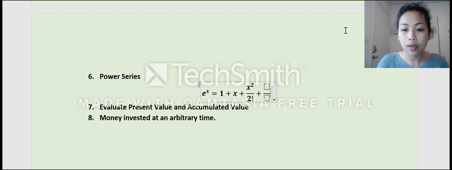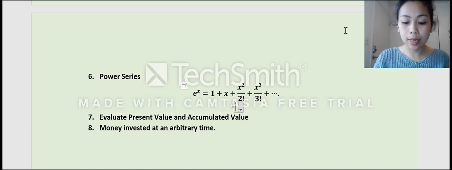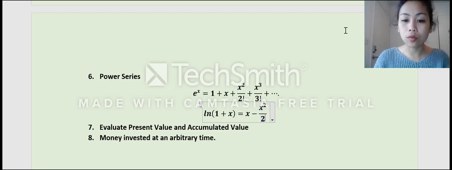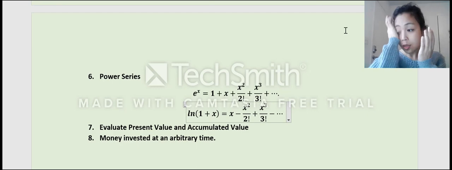So this is the first expansion. And we have one more, that is the natural log of 1 plus x equal to x minus x squared over 2 plus x cubed over 3 and so on, the second series has alternating signs.